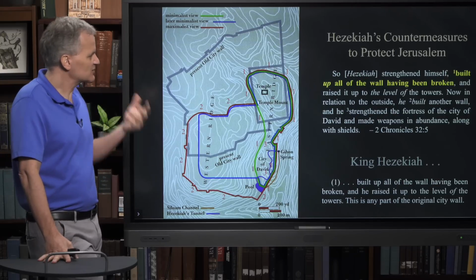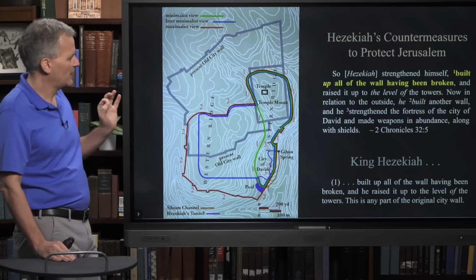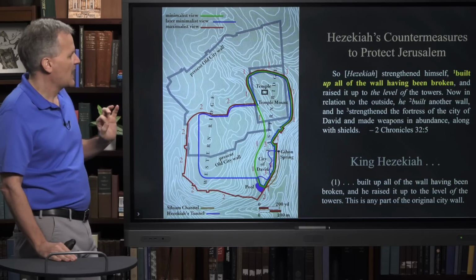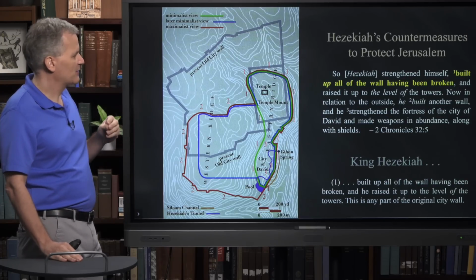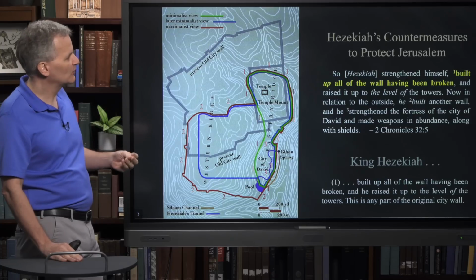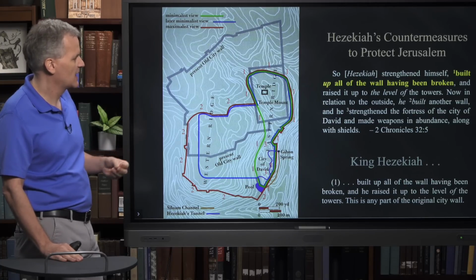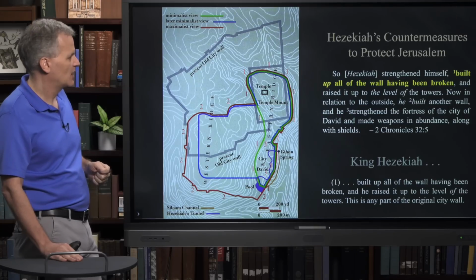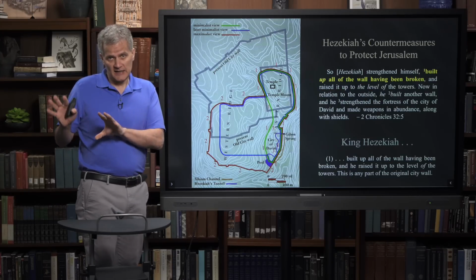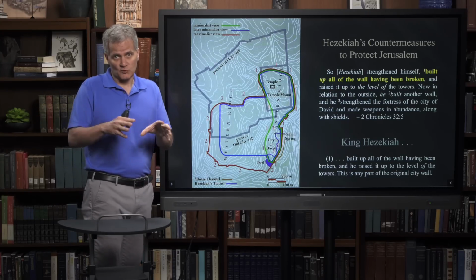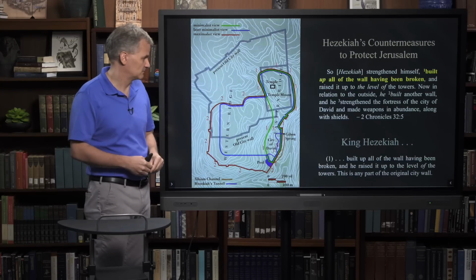So he gained his courage, he strengthened himself, he built up all of the wall having been broken, and he raised it to the level of the towers. Now in relation to the outside, he built another wall, and he strengthened the fortress of the city of David and made weapons in abundance, along with shields. So those are some of the things that King Hezekiah did in Judah, in Jerusalem, to protect the people and protect the city from invasion.